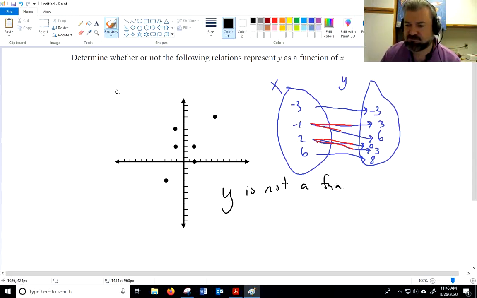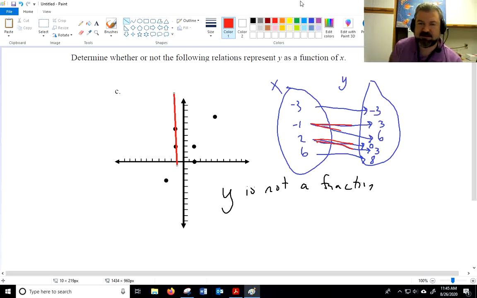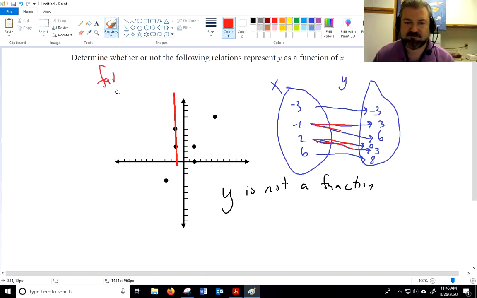And what we're going to say in general is that if a function fails a vertical line test, if I could draw a vertical line that passes through the graph more than one time, then there must be an x value that is being mapped to more than one y. So we're going to say that this function here, you may have heard this before, fails the vertical line test.